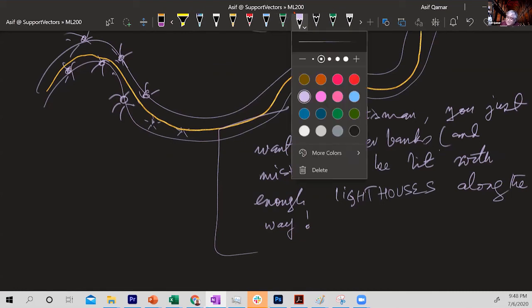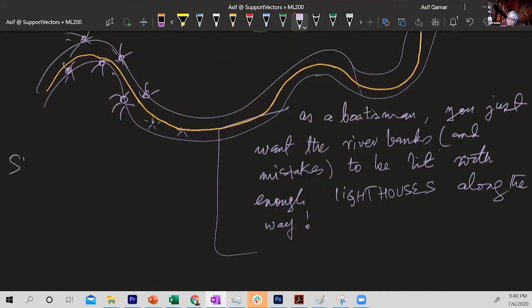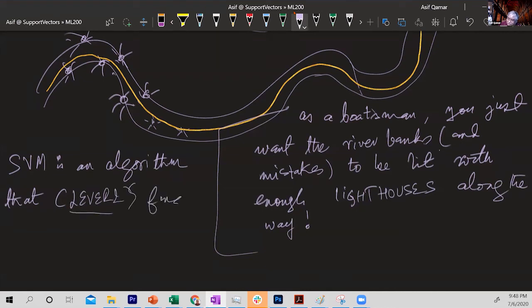Support vector machines is an algorithm that cleverly finds these lighthouses for you.